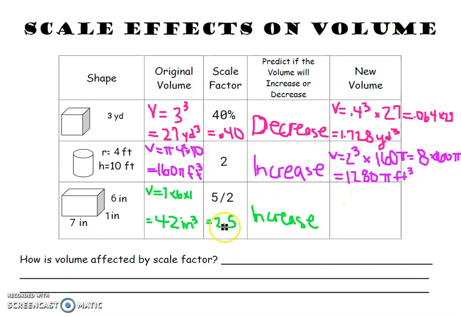So our new volume is going to be 2.5 cubed. Remember, we can't just use it by plain. Times our original volume, which is 42. Okay, 2.5 cubed is 15.625.